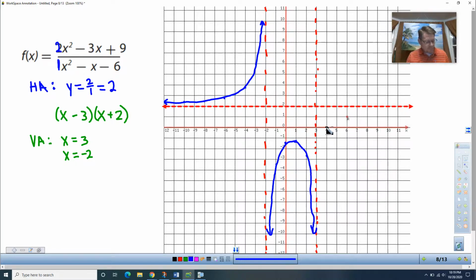Okay, picking up at 4. Over 4, up 4.8, nearly 5. Okay, and then 5, 3.1. So 2, 3, just barely over. And then 6, 2.6.